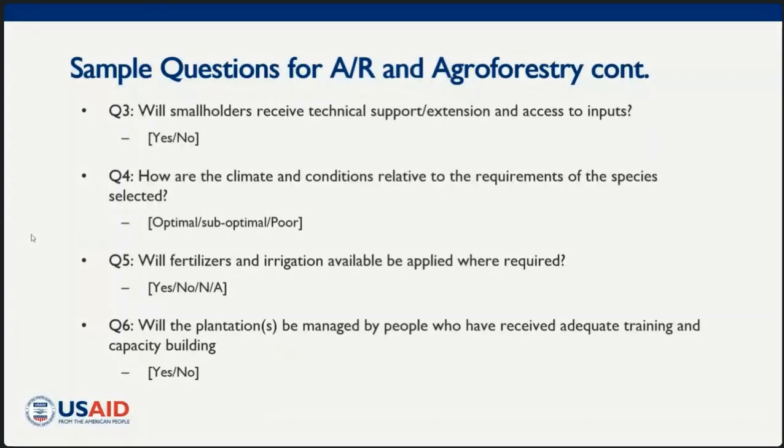It will then ask, in terms of small scale, maybe these are farmers, whether these farmers receive technical support. It could be in terms of training, in terms of other inputs into the work they are doing.